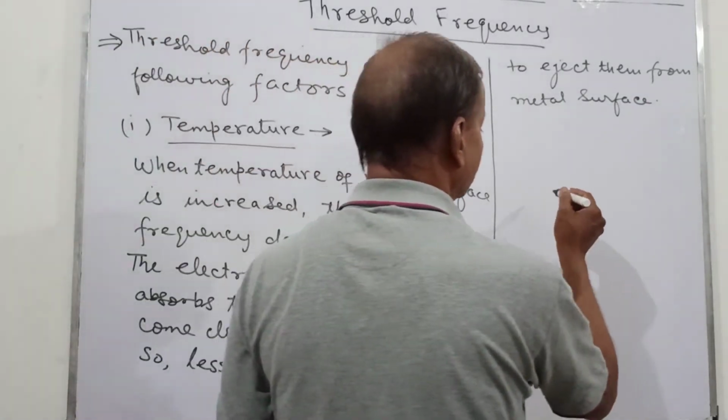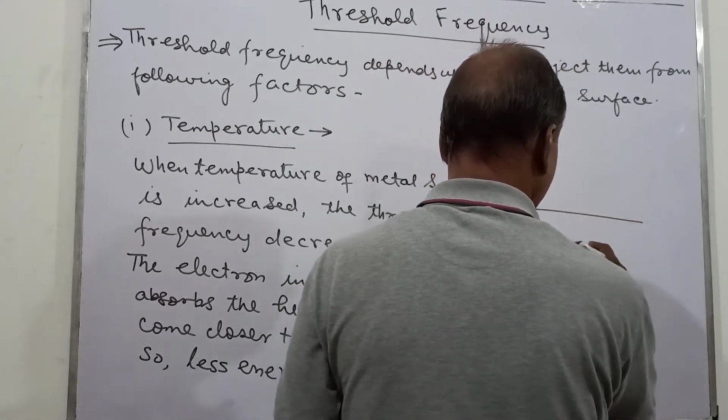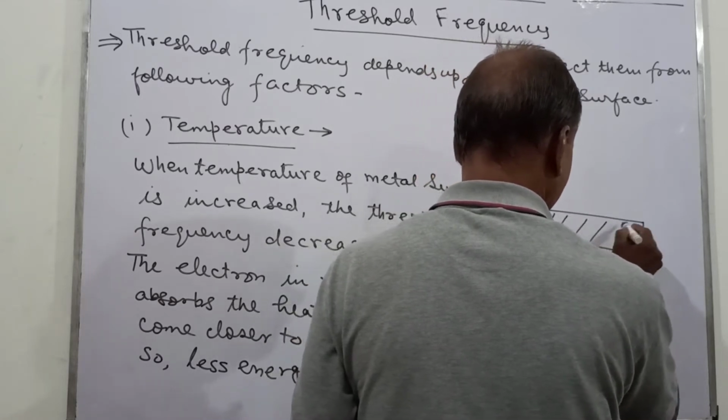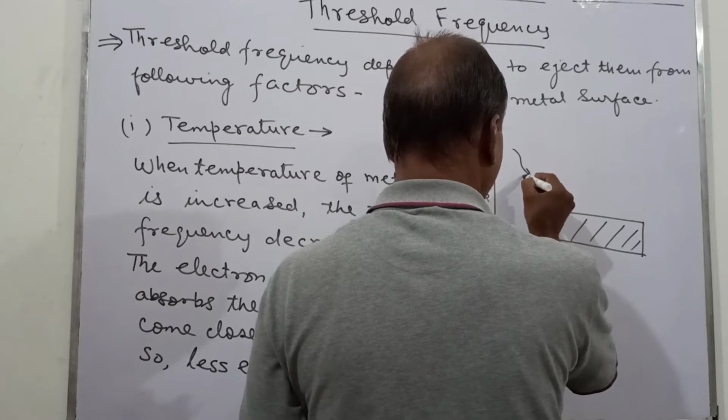So suppose this is the metal, and here the radiation falls on it.